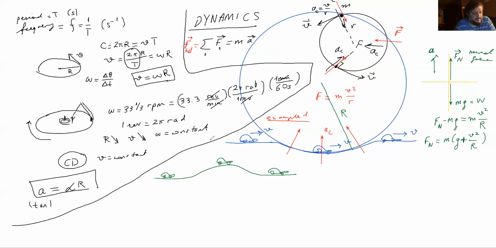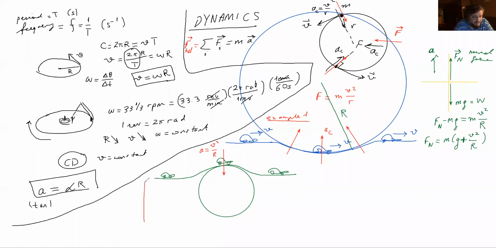Now on the top of that little mound, you have this radius, you have this curvature. So there the acceleration points downward, a, which is v squared over r, which means there must be a net force in that direction.